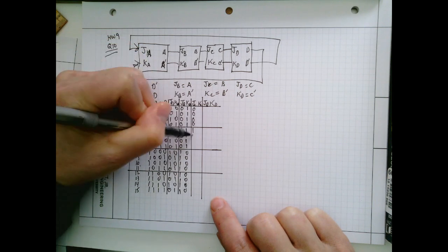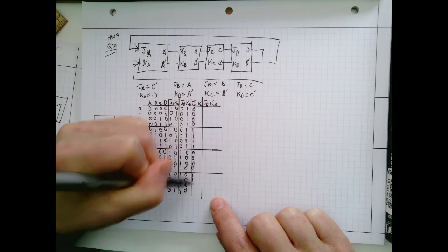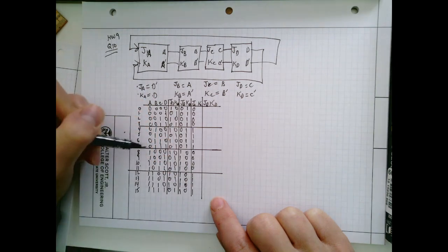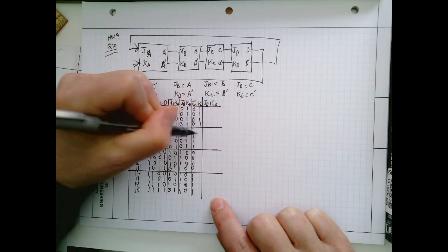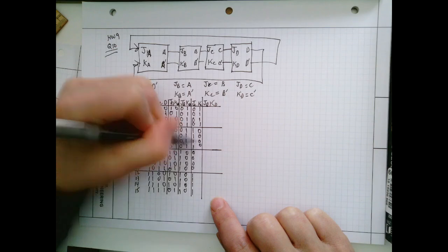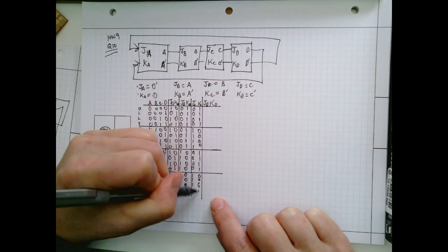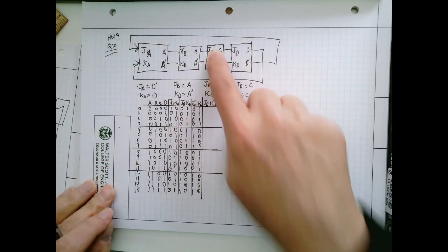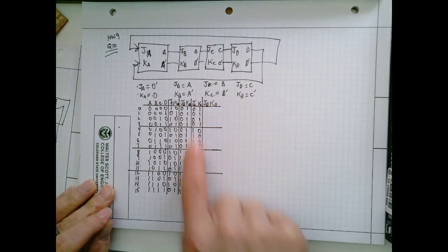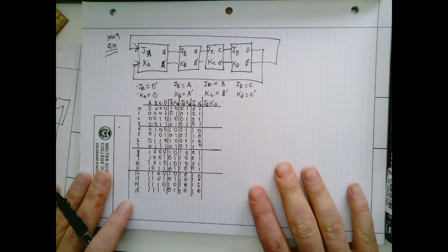And 4 ones, 4 zeros, 4 ones, and K sub C is the inverse. K sub C is the inverse of J sub C, and so we can see these two things are going 0, 0, 0, 0, 1, 0, 1, 0, 1, and 1, 0, 1, 0, 1, 0, and then 0, 1, 0. Is it clear to everyone what I'm doing?